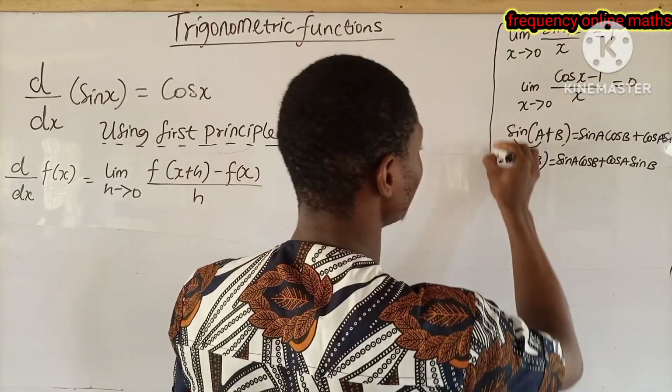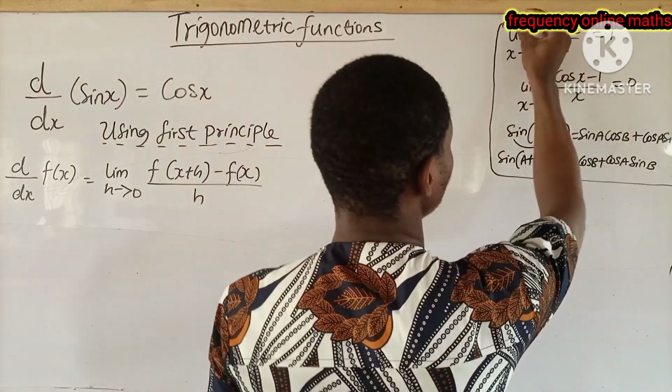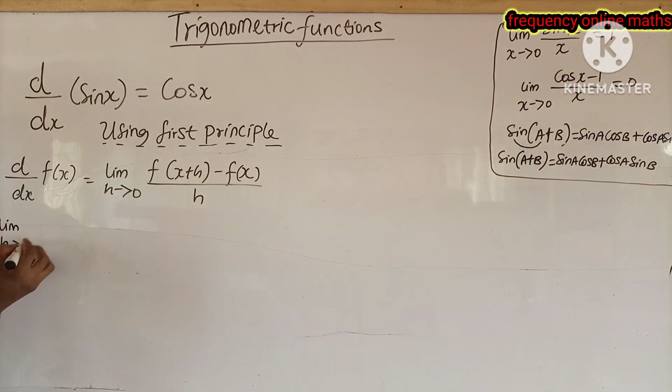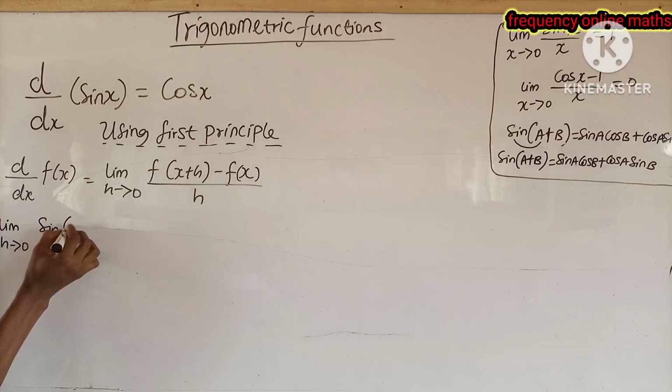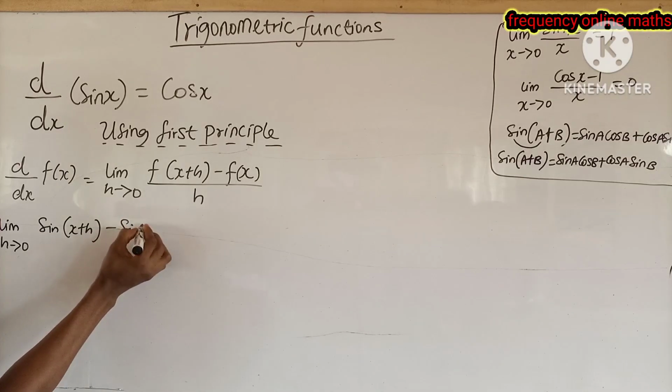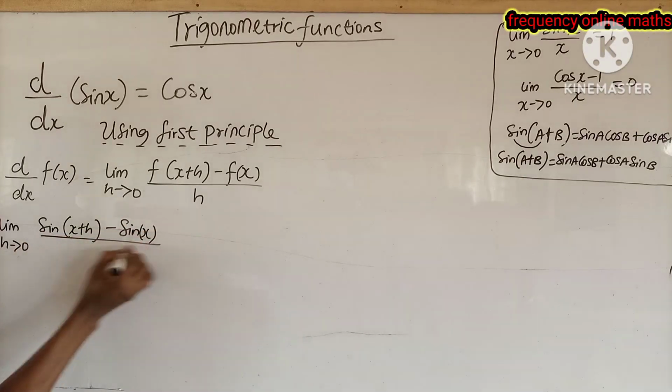So these are the things we are going to take cognizance of in solving this. We are going to have the limit of h approaches 0, where f is sine of x plus h minus sine x all over h.